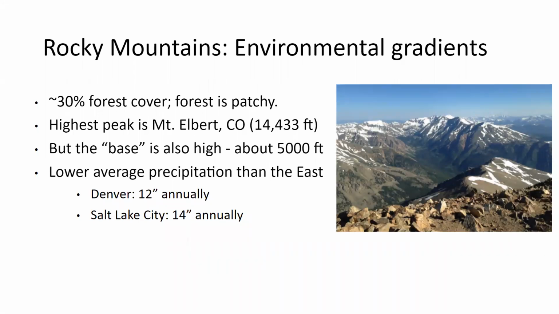So in the Rockies, you're starting out really high already. So you're already starting out high and much drier plateau. And generally, compared to the East, it has much drier, much lower annual average precipitation. Denver having about 12 inches per year, right? So really on the edge of what's possible for trees. And then Salt Lake City is 14 inches annually, just to give you a general basis or set your thinking accordingly.